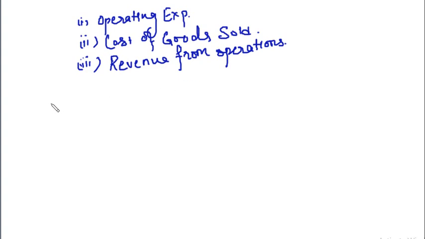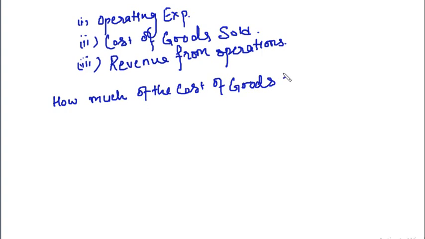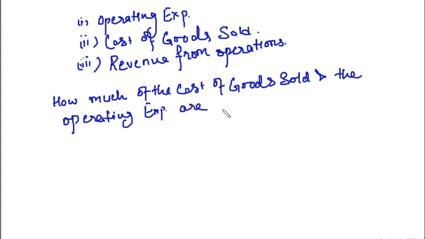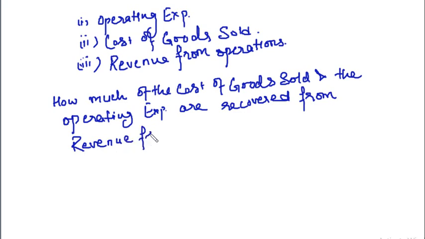This ratio signifies how much of the cost of goods sold and the operating expenses are recovered from revenue from operations.